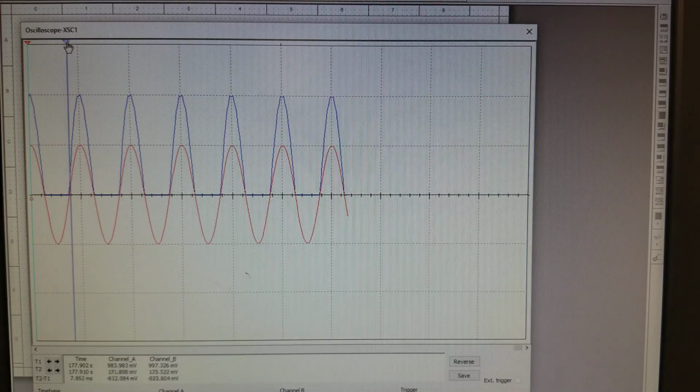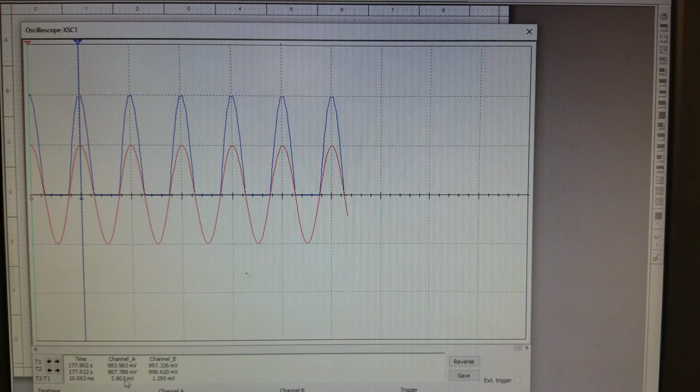And we'll check that with our flag here. You see our flag is telling us we are at 987 millivolts peak. So that's pretty much 1 volt.